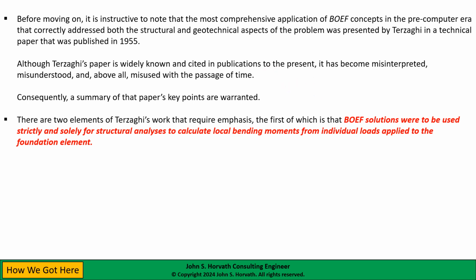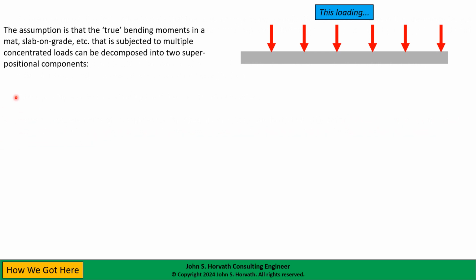So to digress a bit to illustrate what we're talking about, the assumption is that if we have a mat or slab on grade or something like this, that the true bending moments in this structural element as a result of this loading with several isolated loads can be decomposed into two parts.